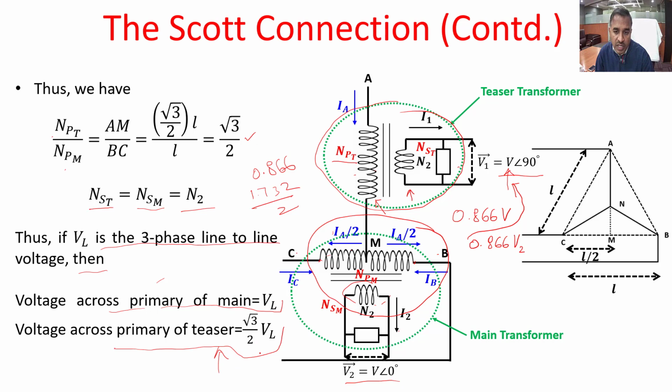Irrespective of any connection here, any number of turns, you will always get only root 3 by 2 voltage. Since you are getting root 3 by 2 VL, you have to make the number of turns also root 3 by 2 times that of the main transformer, so that the voltage per turn remains the same, and at the secondary side you get the same voltage.